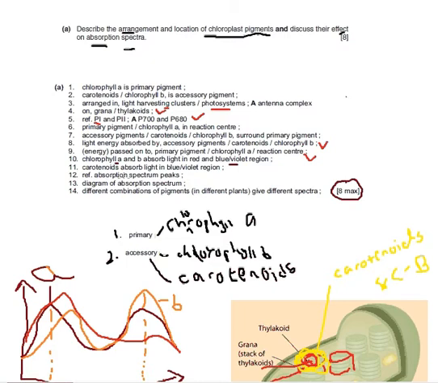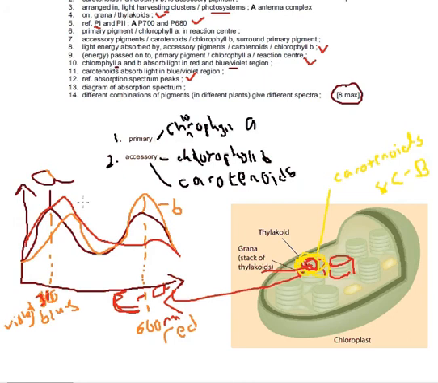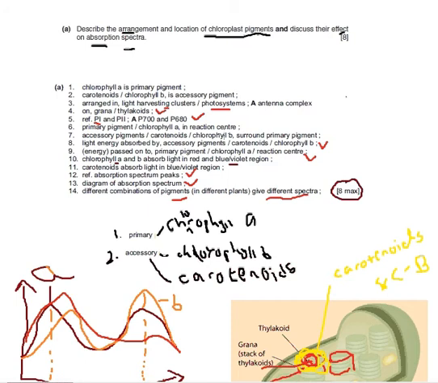Then absorption spectrum peaks. We are supposed to be very careful with the peaks. Then we are supposed to even draw the absorption spectrum, and we know that different combinations of pigments give different spectra. This is all fine, and hopefully now we will be familiar with the fact that we have to know even the action spectrum, where does it go, and as we said, different combinations of pigments will give different action spectra.